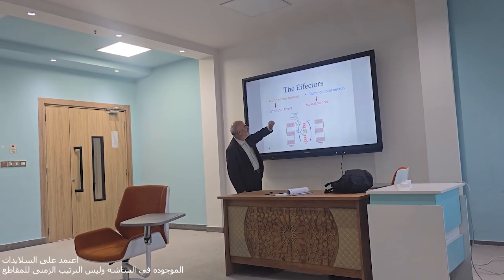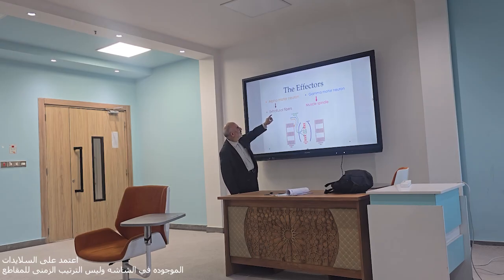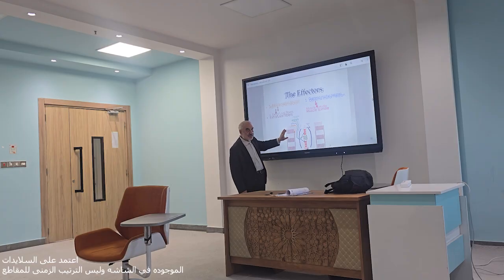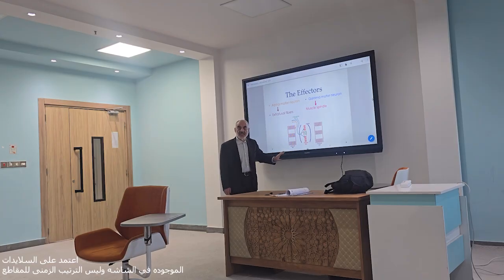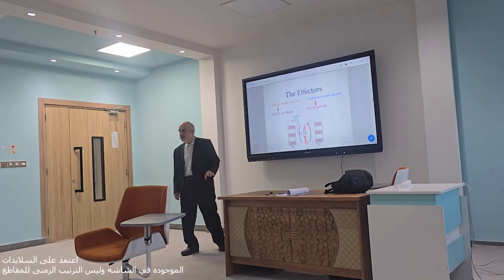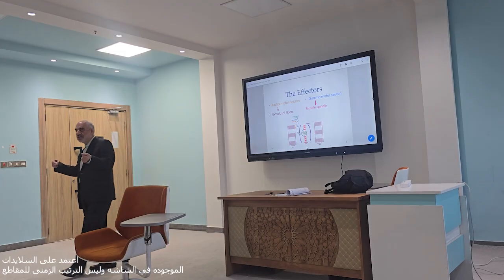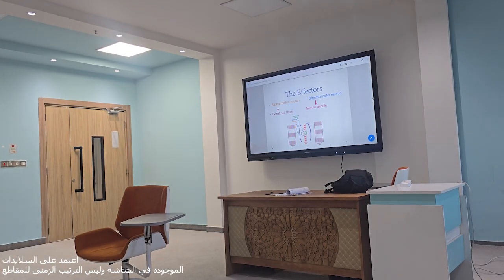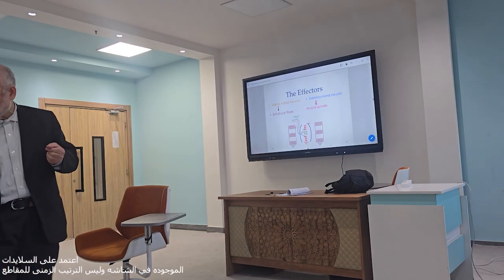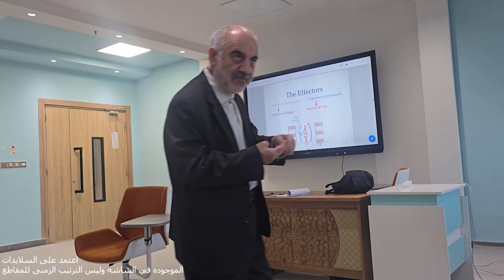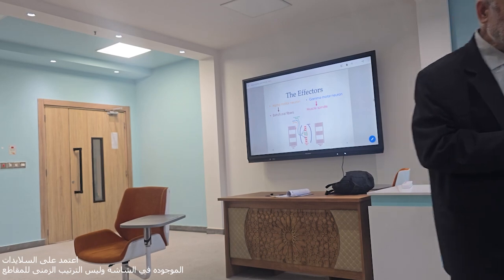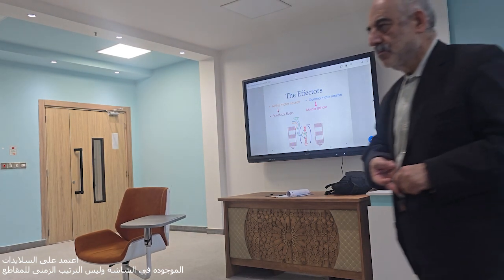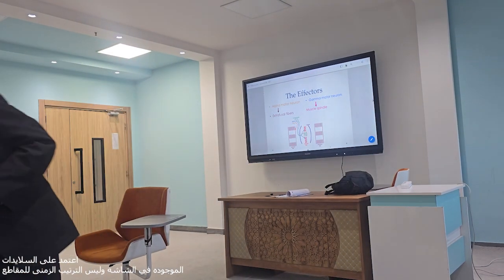And you know that the alpha motor neuron innervates the extrafusal fibers to produce force. As I told you previously, we have two kinds of motor neuron, alpha and gamma. Alpha innervates the extrafusal muscle fiber to produce force.